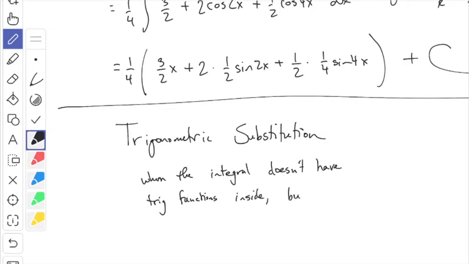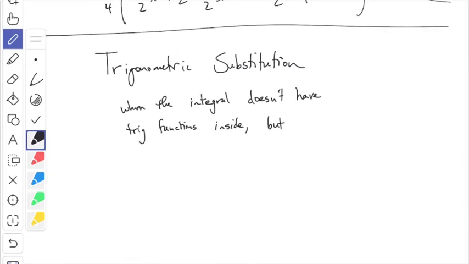But we do a substitution which inserts trig functions where they didn't exist before. And this is what makes it a little harder: you have to kind of cook up the trig functions out of nowhere. So the integral doesn't have trig functions inside, but we introduce them using a substitution.